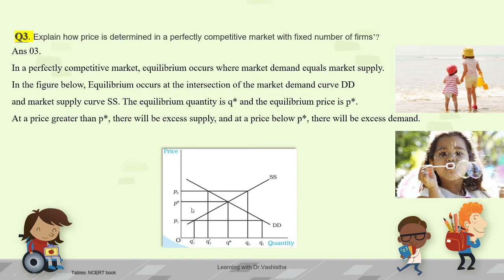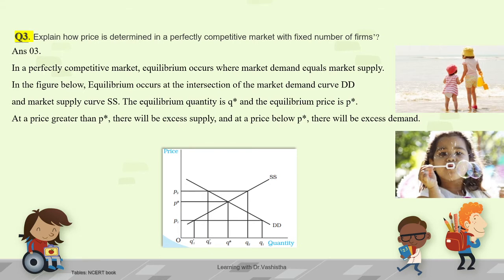Now at a price greater than P star, suppose here, there will be excess supply. And at a price below this P star, suppose here, there will be excess demand. So this is what happens.